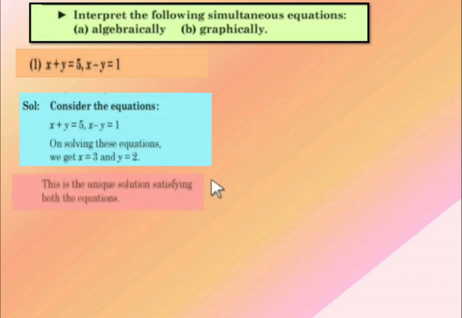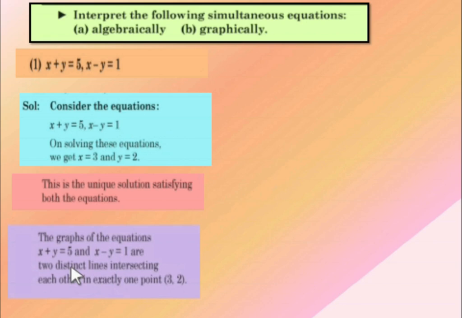So algebraically, this is a unique solution satisfying both equations. Solving simultaneous equations algebraically means getting a unique solution which satisfies both equations. And what do you mean by graphically? When you draw these two lines, you get two distinct lines, one from each equation, and the point which is the solution is a common point for both lines.